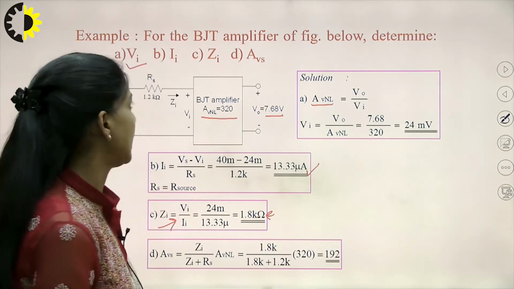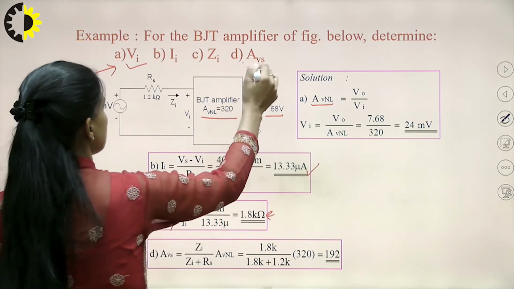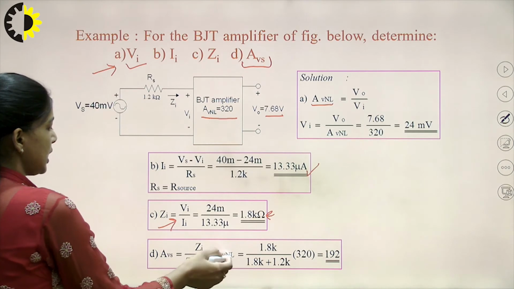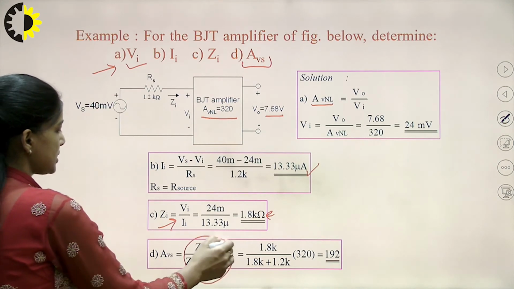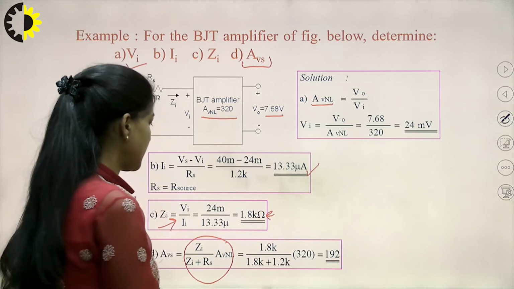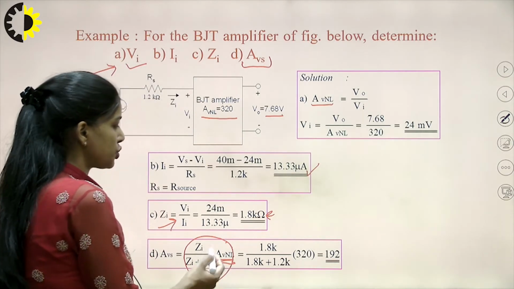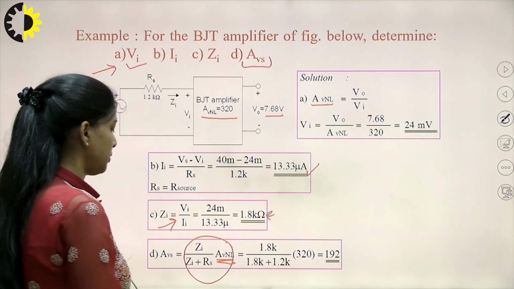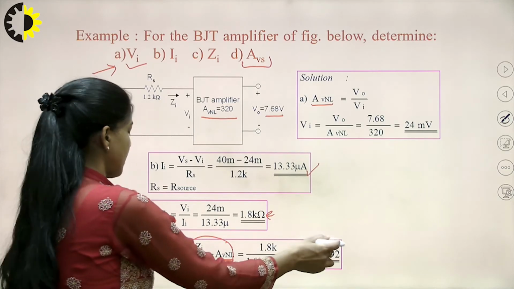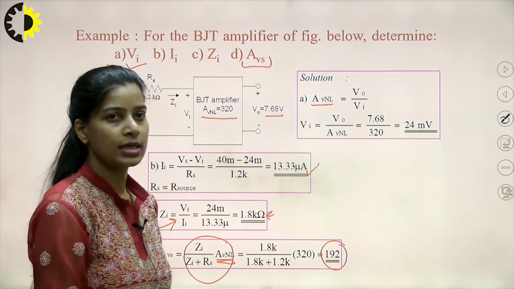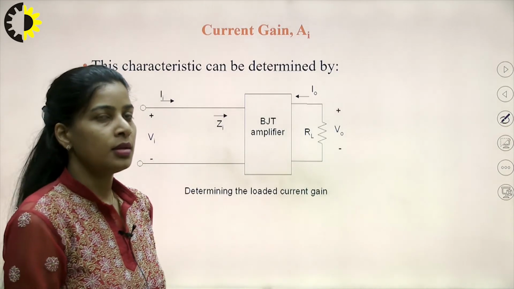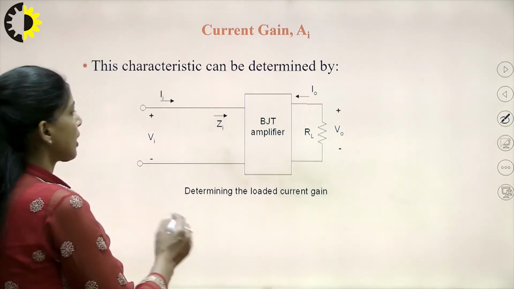Then we need to calculate the voltage gain with source. It is Zi upon Zi plus Rs multiplied by voltage gain with no load. All these parameter values are known. Putting them in, we find that AV with source is 192.